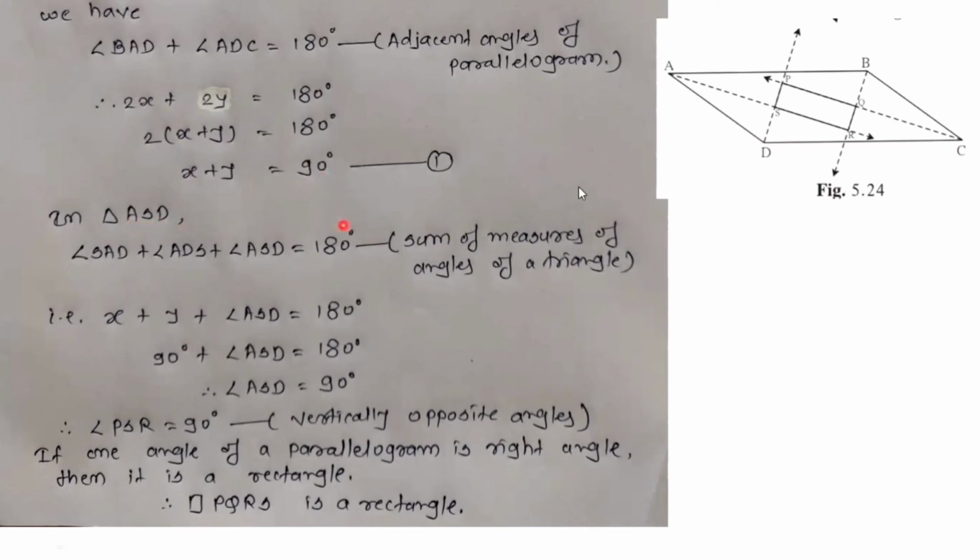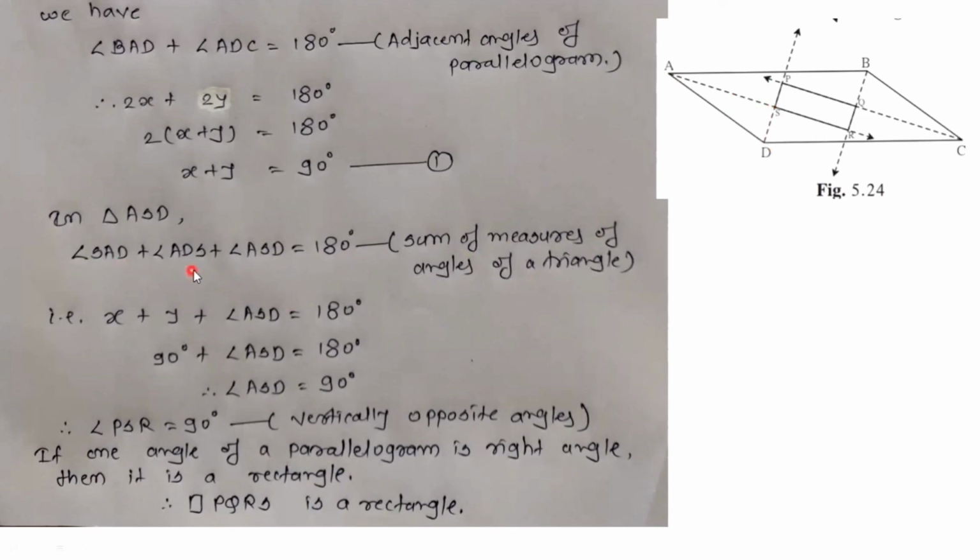Now consider triangle ASD. For triangle ASD, if we add the measures of all the angles, that is angle SAD plus angle ADS plus angle ASD is equal to 180 degrees, because the sum of the measures of all angles of a triangle is 180 degrees.